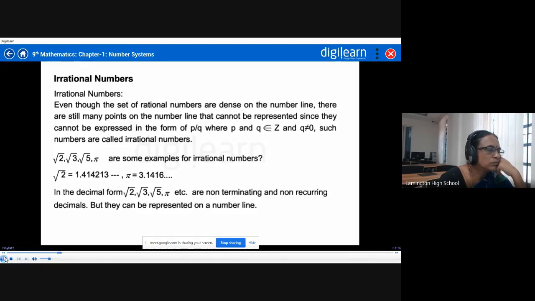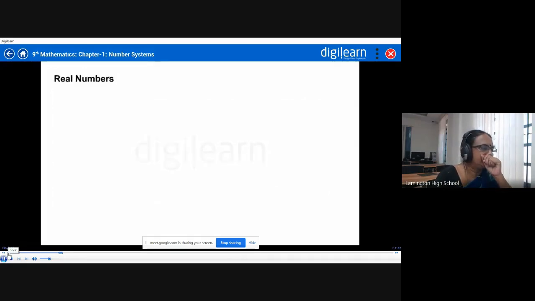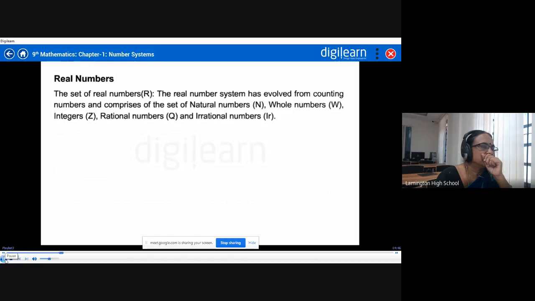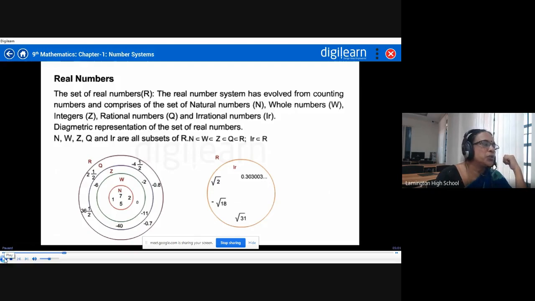These are non-recurring, and they can be represented on the number line. Real numbers feature rational and irrational numbers. This is the point you should note.